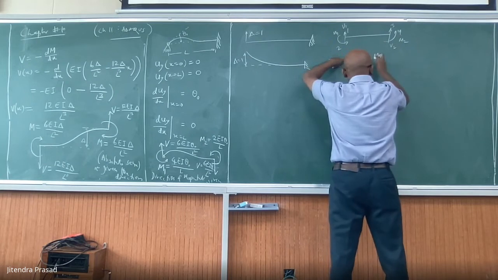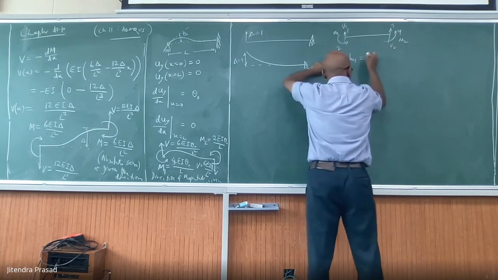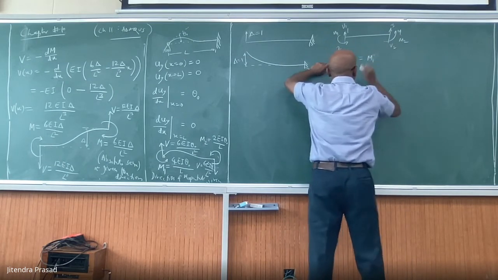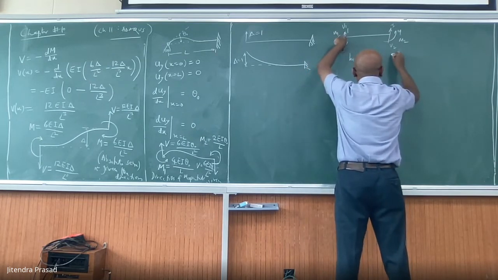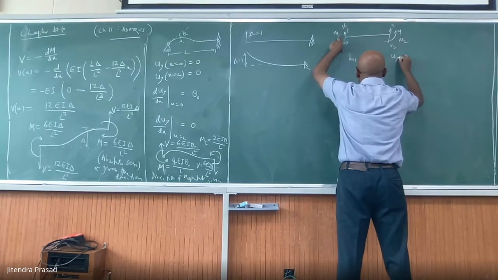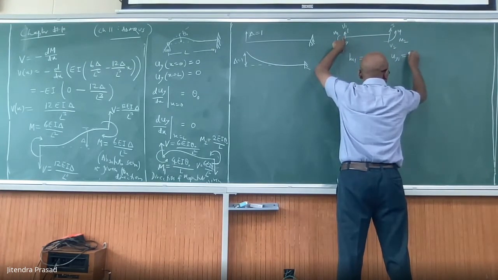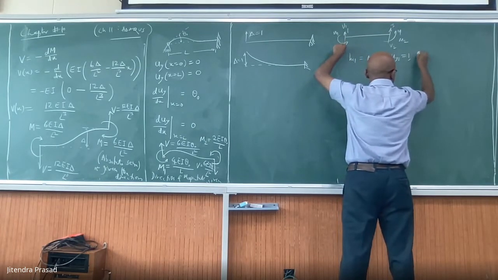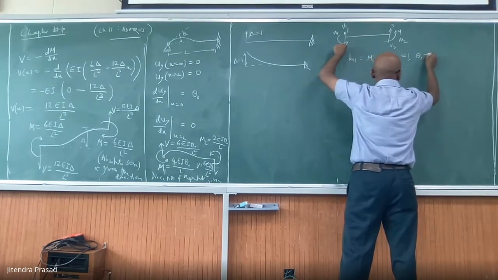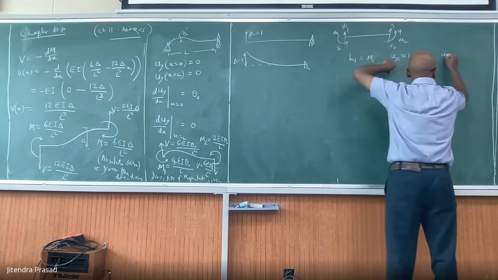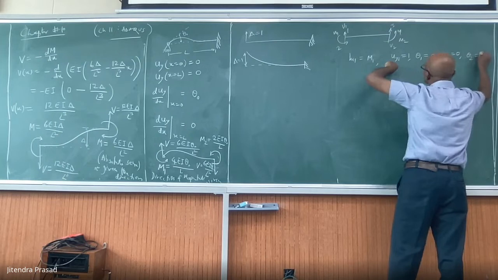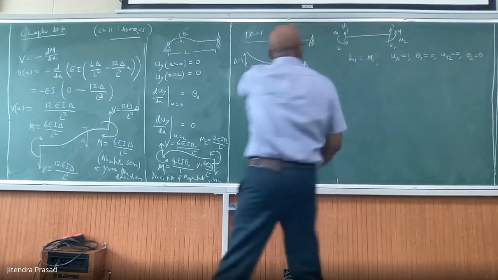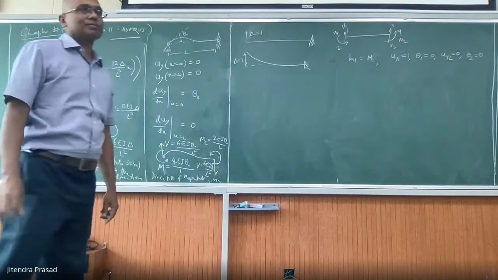K11 will be equal to M1, where Uy1 is equal to 1, theta 1 is equal to 0, Uy2 is equal to 0, theta 2 is equal to 0. Right?